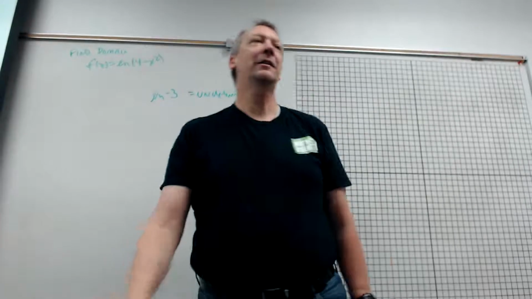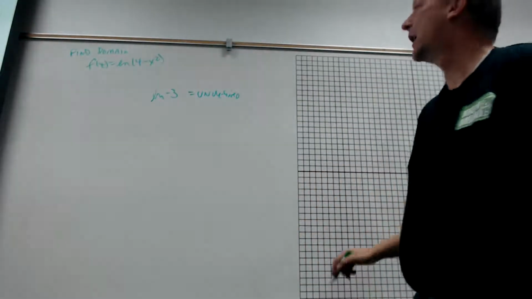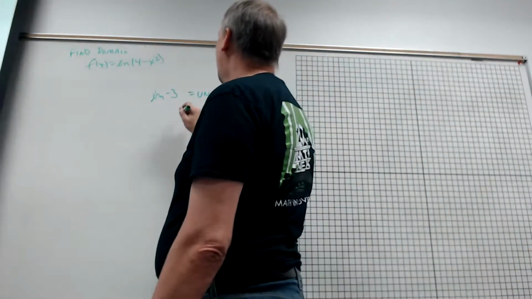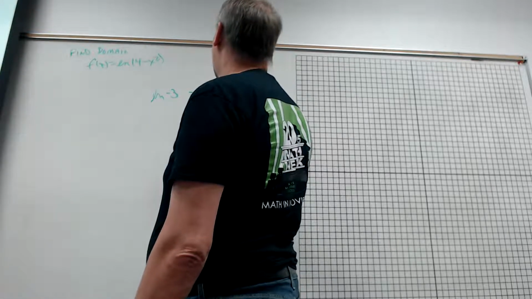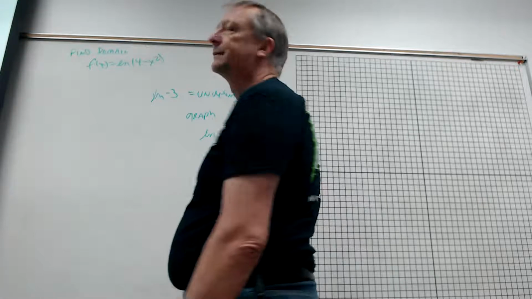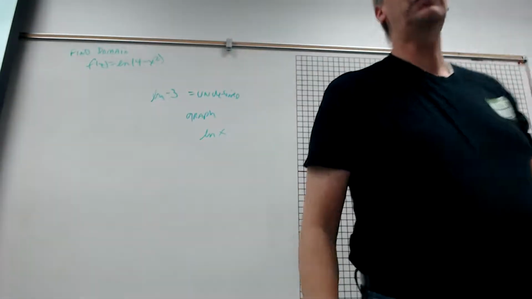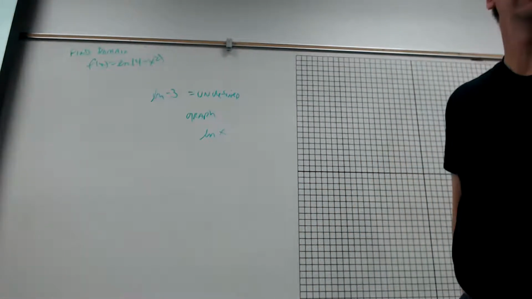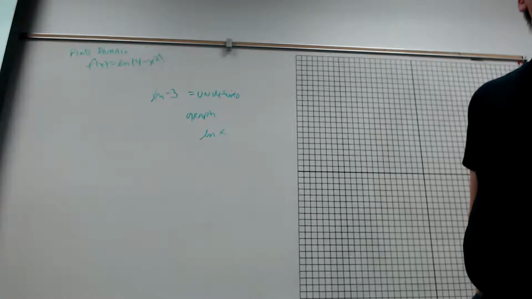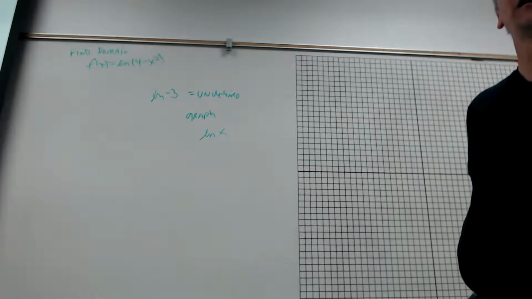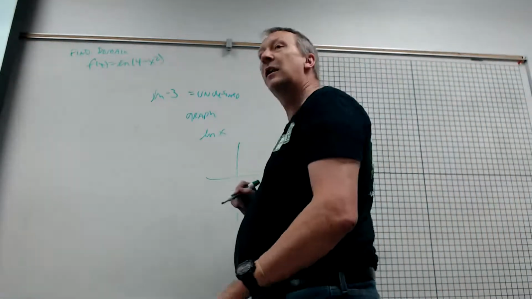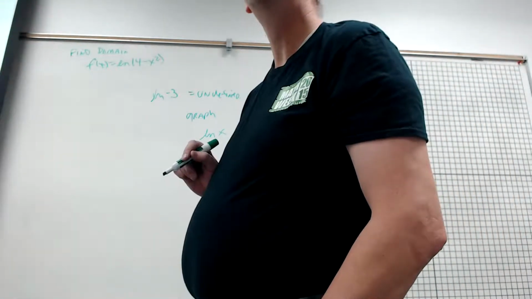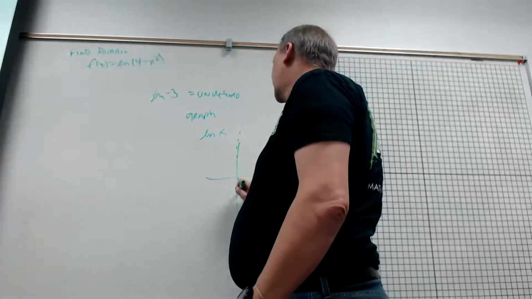Okay, let's think about this for a minute. If I wanted you to graph ln of x, and it's been a whole weekend, so we've probably forgotten how to graph already, the asymptote will be x equals 0.